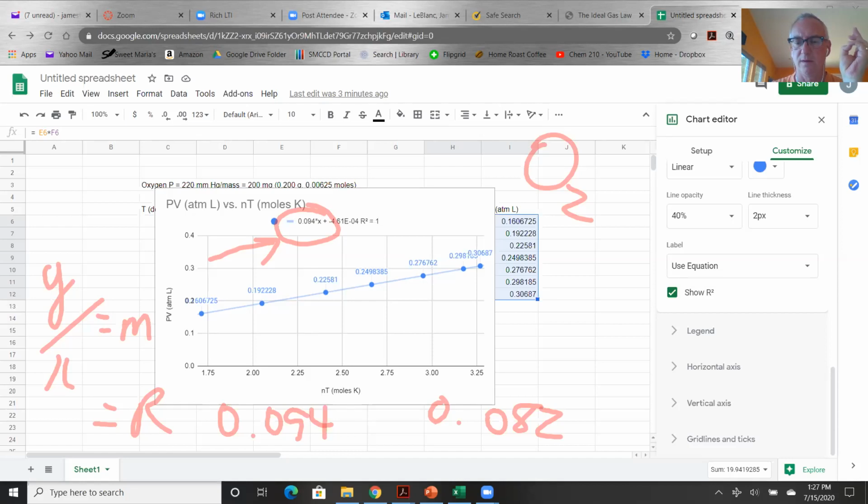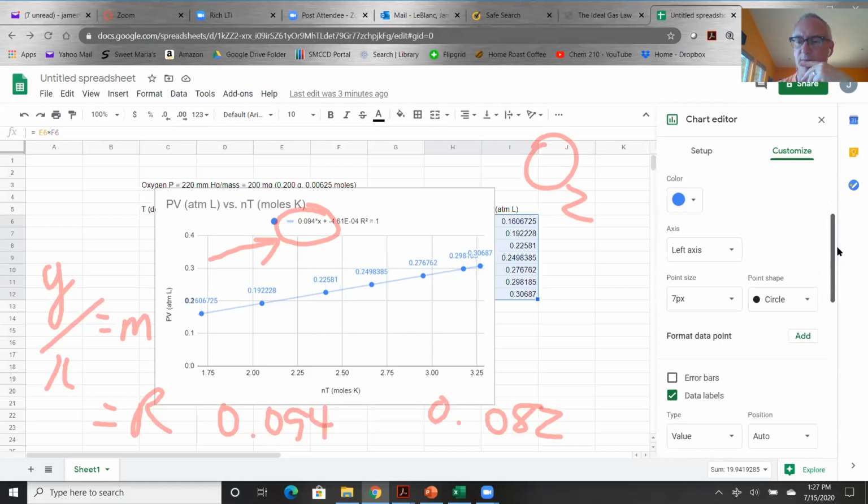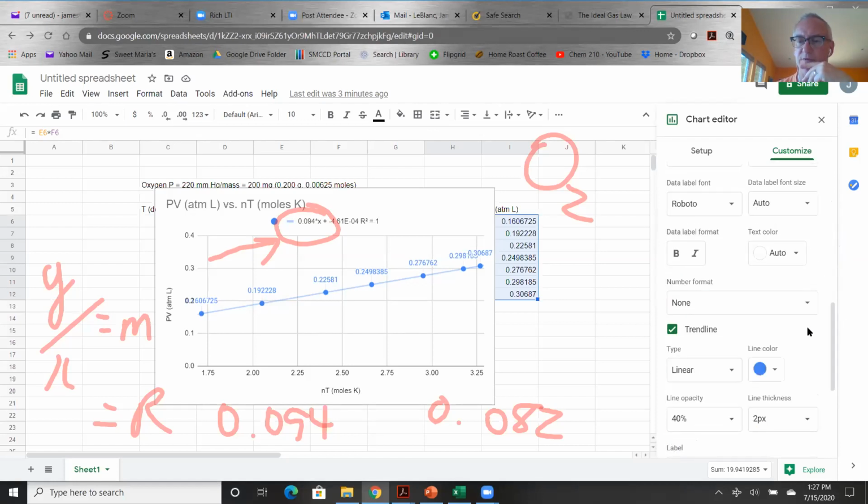Professor, could you just show me how you get the equation for the slope? How you get the value of the slope? Oh, okay. So that was under series. So we hit series, and we scroll down, and trend line.